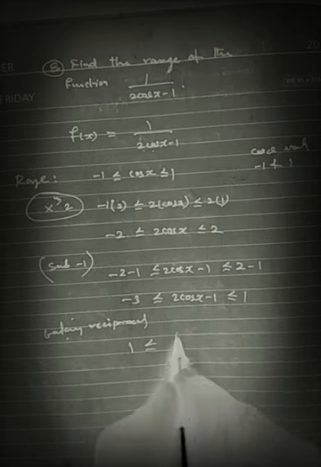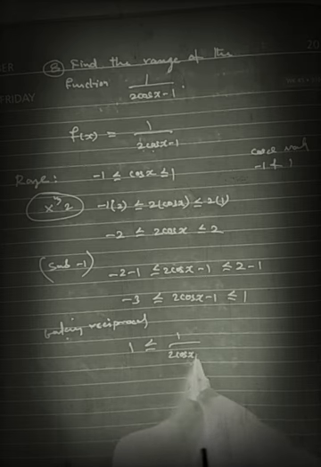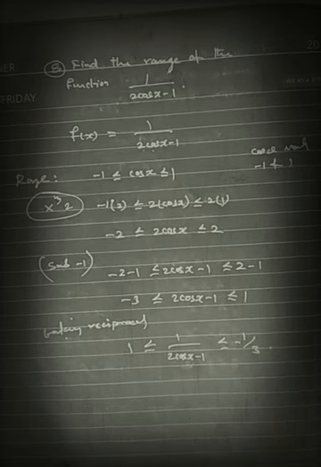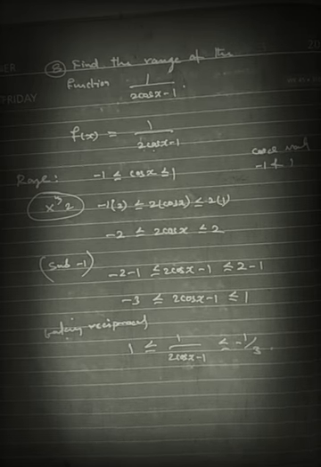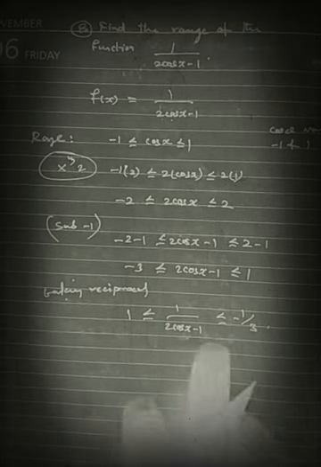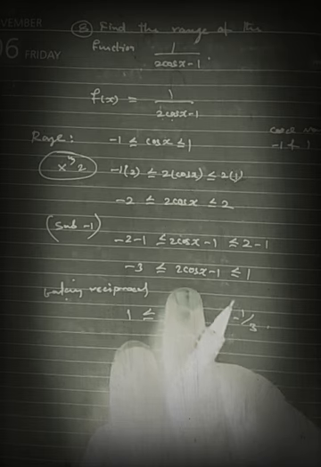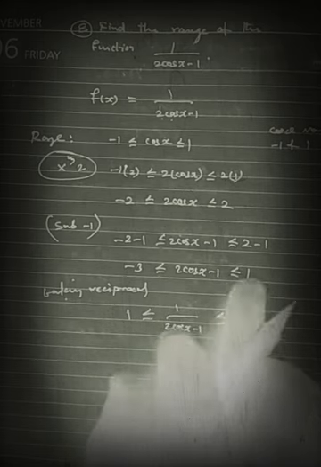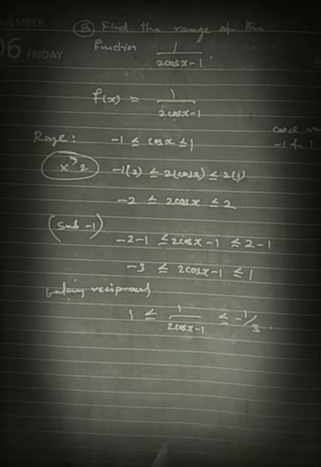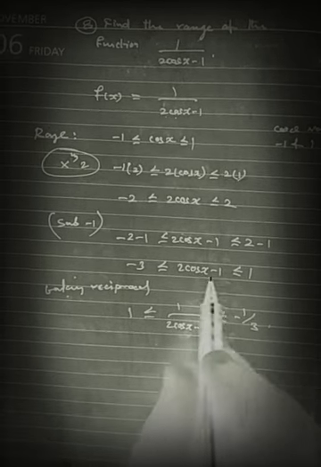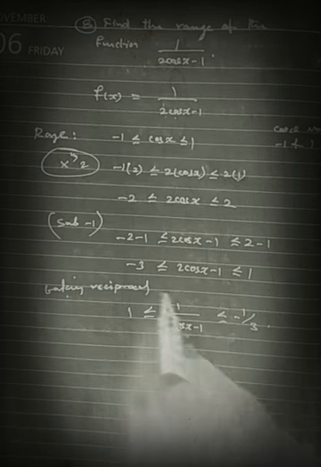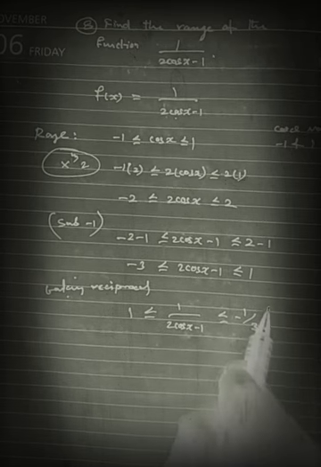Here 1 by 2 cos x minus 1, and the reciprocal of minus 3 is minus 1 by 3. So in this way the inequality will change. Everything is taken as a reciprocal, so the symbol changes. So that is the thing.